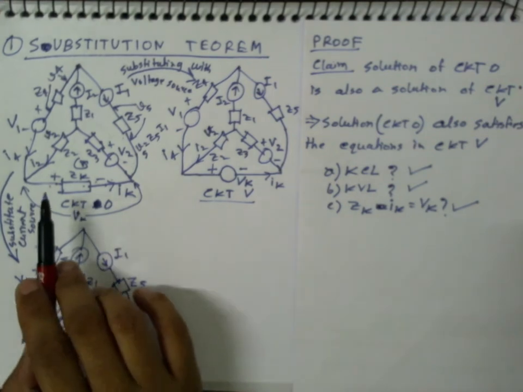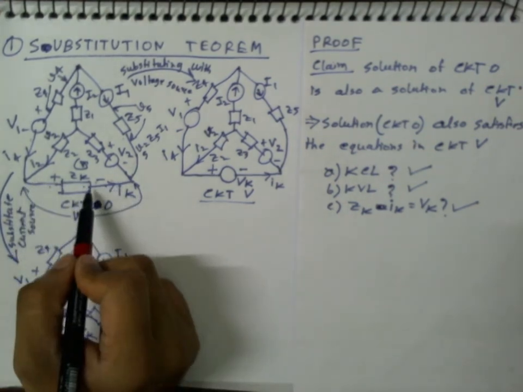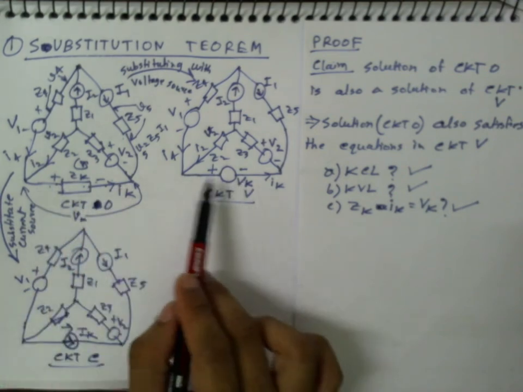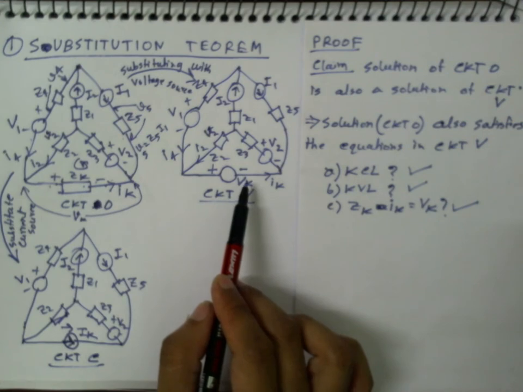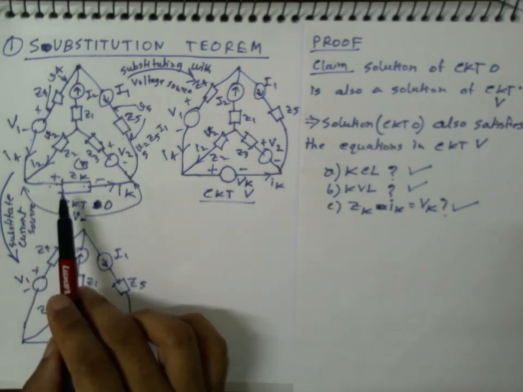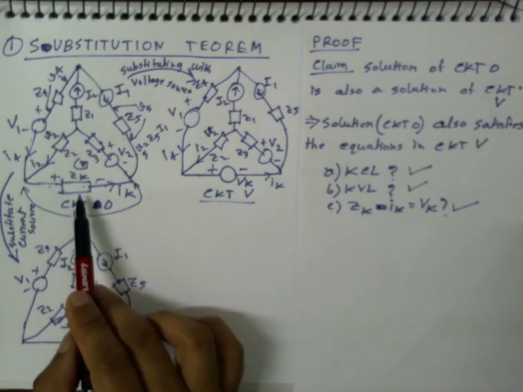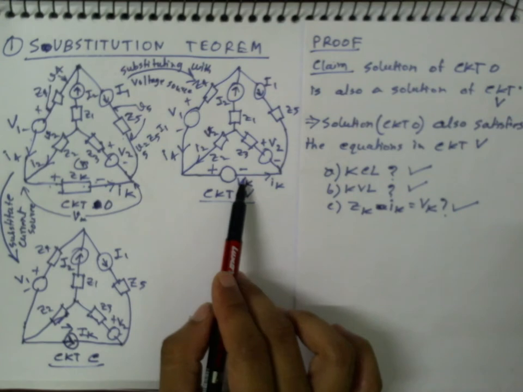You may doubt at this point, because in this branch the impedance is changed. So in this branch ZK is gone and the new source has come. So here we do not have to check ZK equal to IKVK, because there is no ZK here.